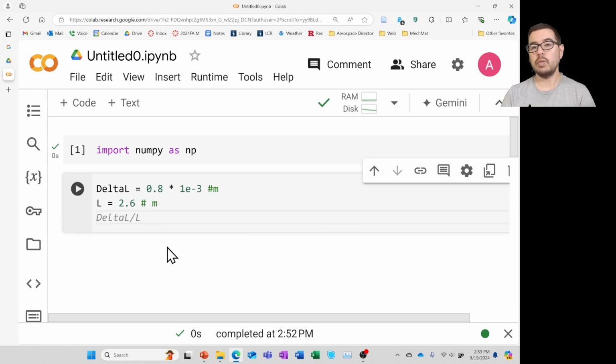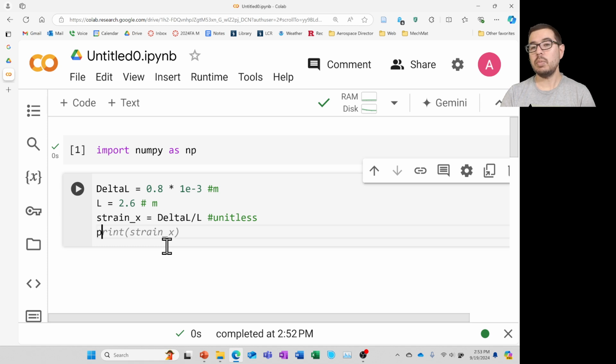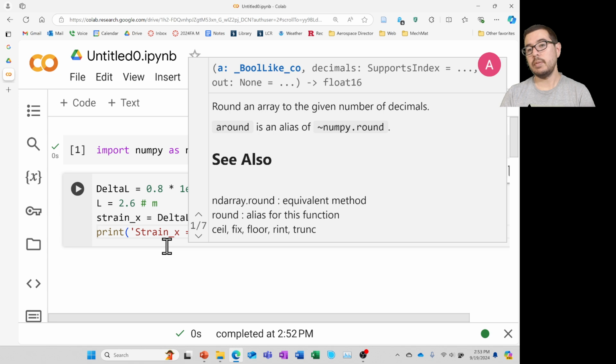So we're going to have strain in the x direction, which will be the delta L divided by the L. This will have no units, so we can maybe just leave it like that, or we can say unitless. And we can print the result that the strain in the x direction is going to be equal to np.round of strain x.